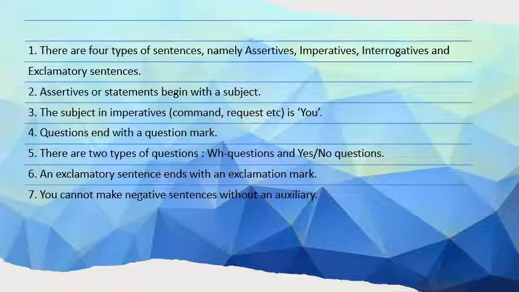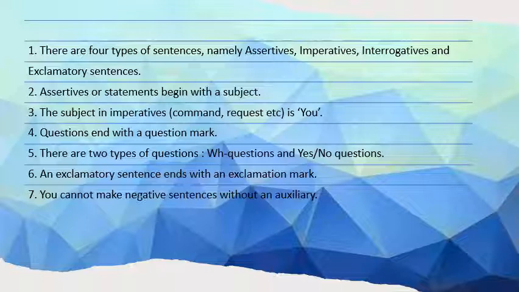Even though it doesn't say you, the subject is you. When you say please pass the salt, it means you please pass the salt. So the subject is you. Even if you don't say you, the subject of imperative sentences is you.